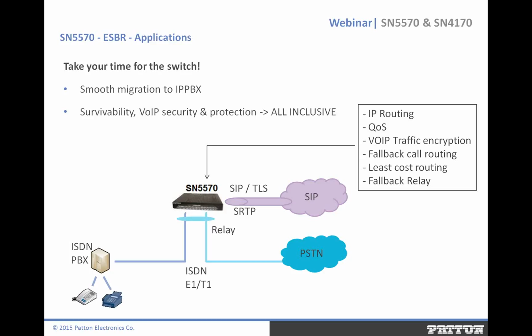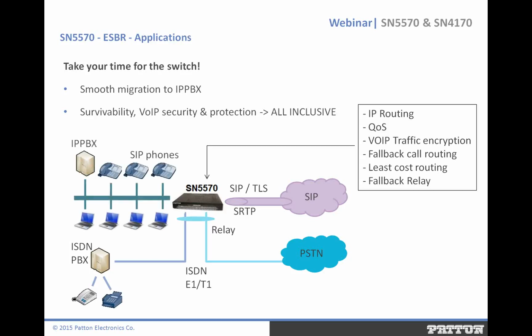However, they can benefit from the new technology by using a SIP trunk, for instance, and they can even have a fallback line to the PSTN as indicated here, supporting the fallback relay in case there is a power outage to the device.